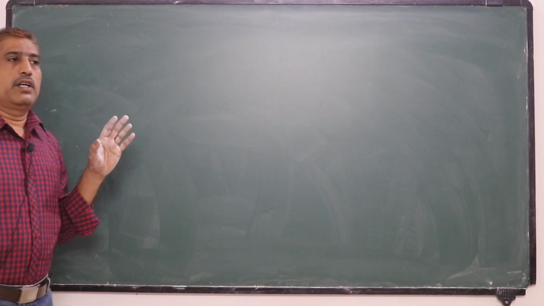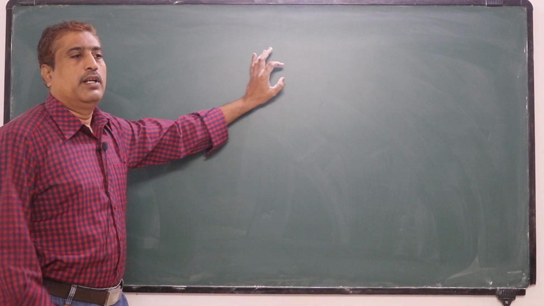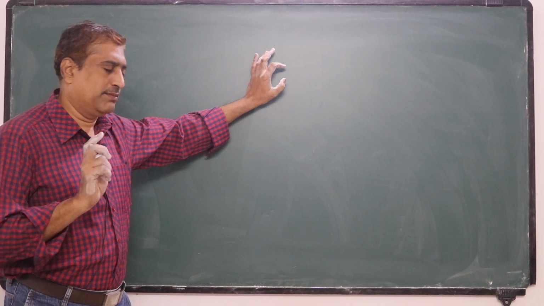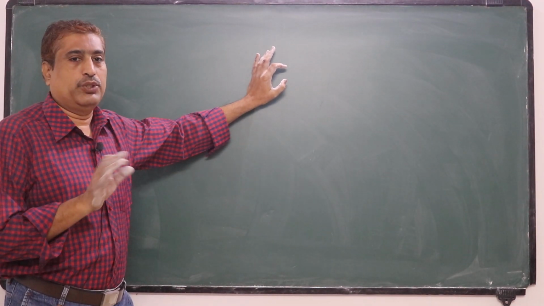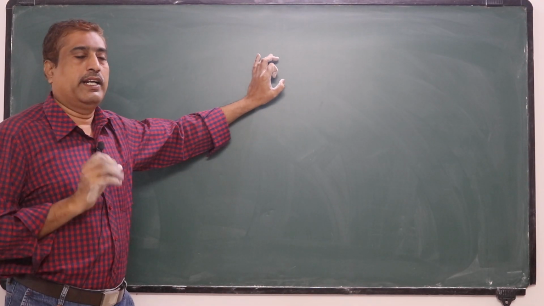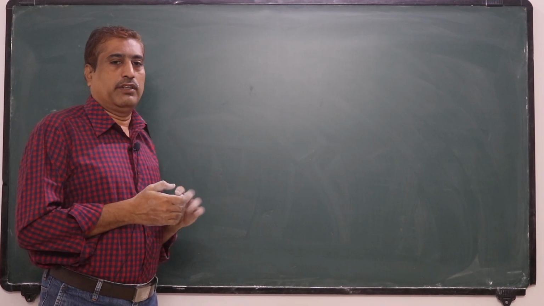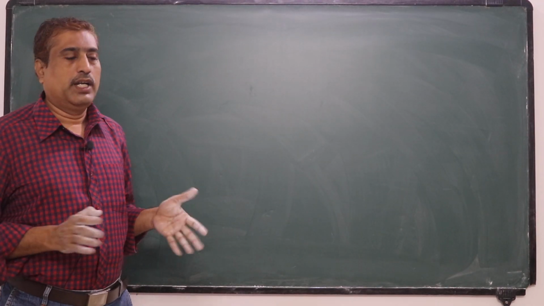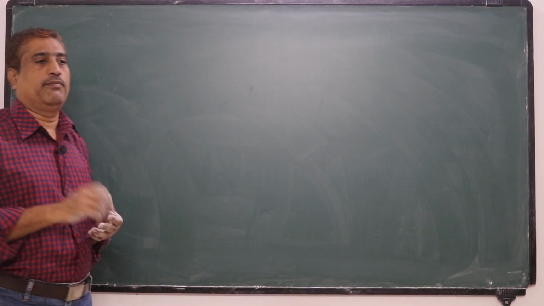So according to duality of radiation, de Broglie extended the wave particle duality to moving objects, and according to his hypothesis all moving objects are associated with a wave, and that wave is called a matter wave, and the wavelength of that wave is h by mv, that is h by momentum.